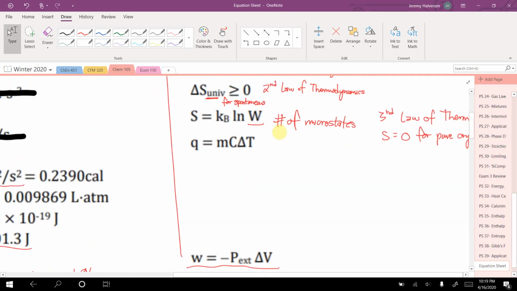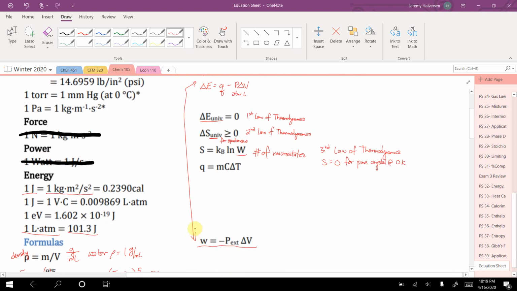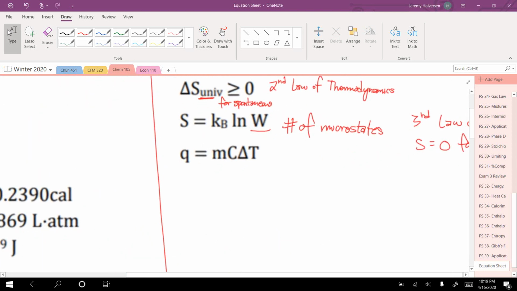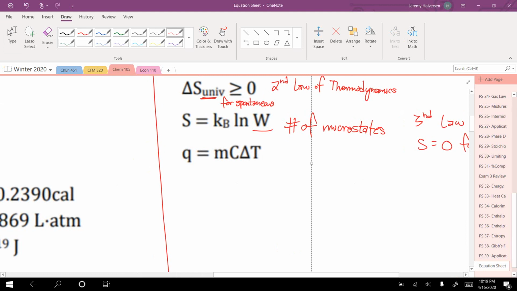Okay, that brings us here. Q equals mc delta T. This is to find the heat required to change something's temperature.